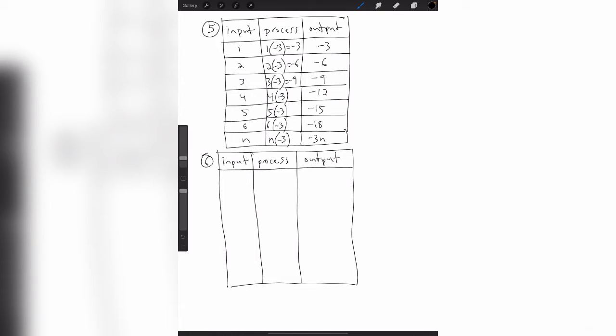And I have my input, it looks like, is 1, 2, 3, 4, and 5. The directions say identify a pattern by making a table. Include a process column. All right. So let's go ahead and do this.